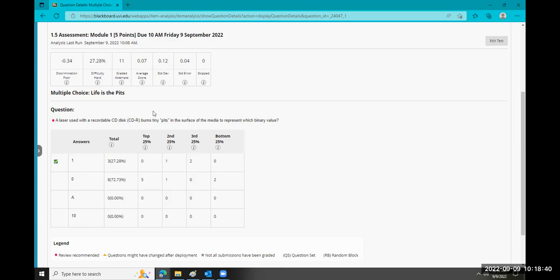Let's read the question. A laser used with a recordable CD disc, like a CDR disc, burns tiny pits in the surface of the media to represent which binary value? Well, there are how many binary values? Only 2. And they are either what or what? 0 or 1. And the pit is designed to represent which? 0 or 1.